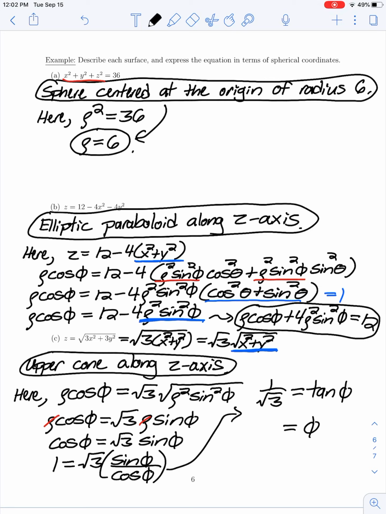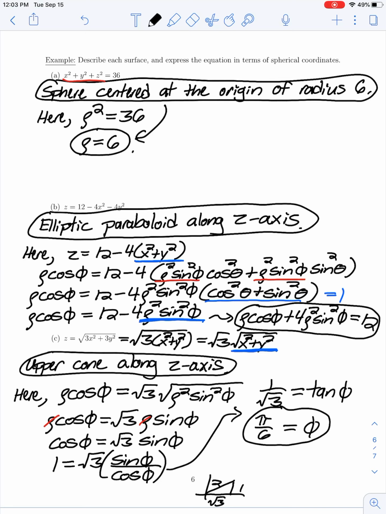Phi would be the angle by which I rotate to get a value of tangent of that angle that would be given by 1 over root 3. So let's see, we can find it using a reference triangle. Our opposite side has to have length 1, our adjacent side length root 3, which means that we're looking at the angle pi over 6 radians.